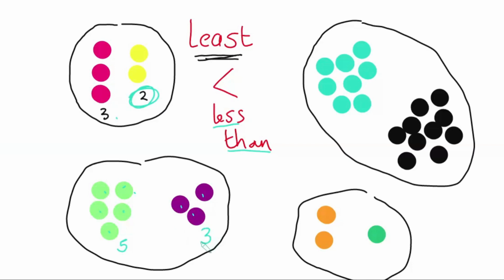We have 3 purple dabs. Which number is the least? Which number is the smallest? We know that 3 is less than 5. So we've circled number 3.